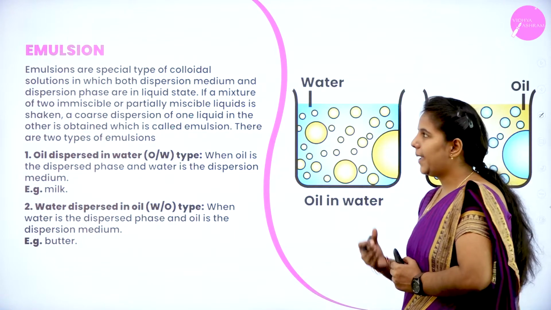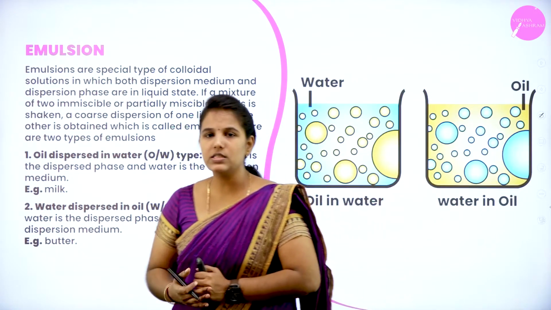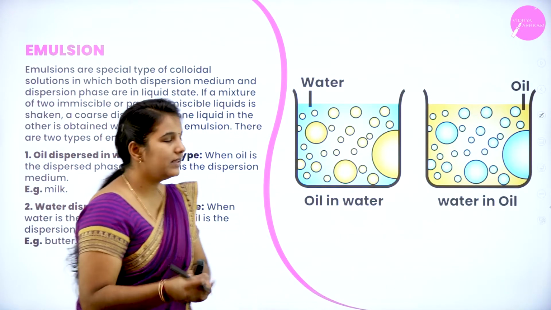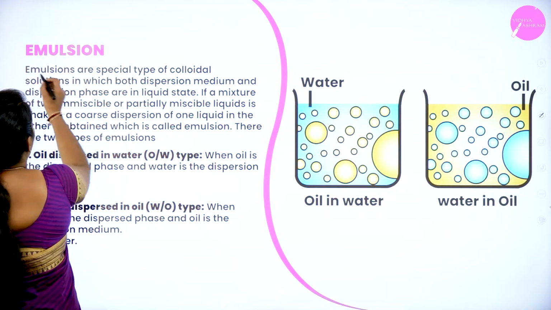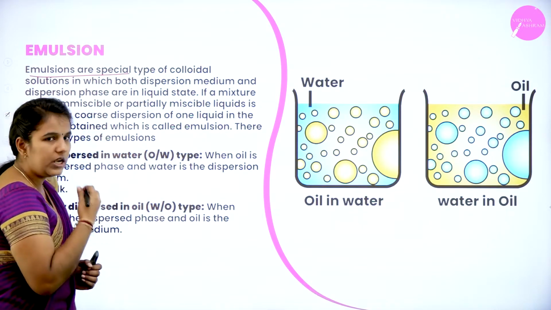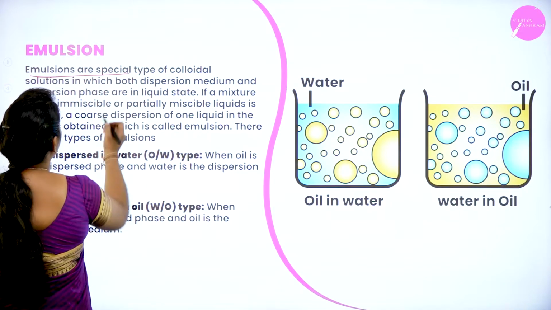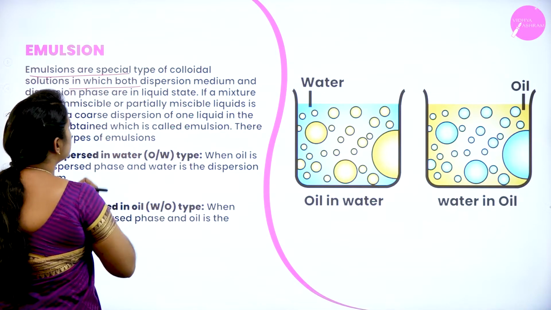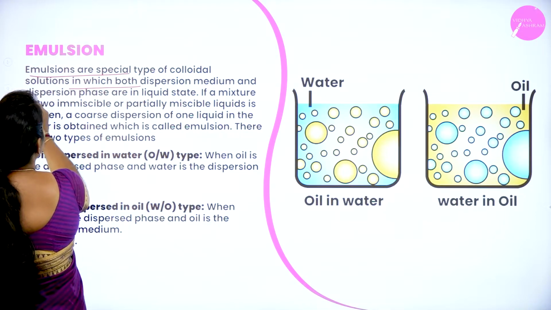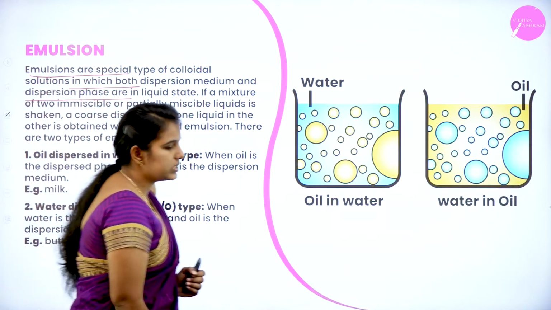Next one is emulsion. Let's see what an emulsion is and how it is formed. Emulsions are a special type of colloidal solution in which both the dispersion medium and the dispersed phase are in the liquid state.